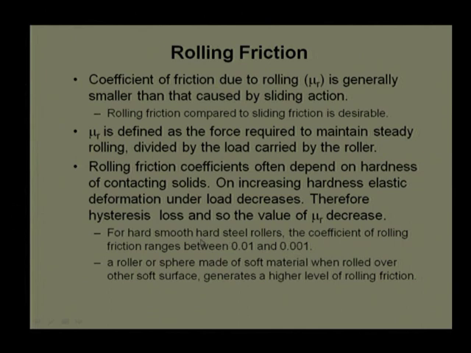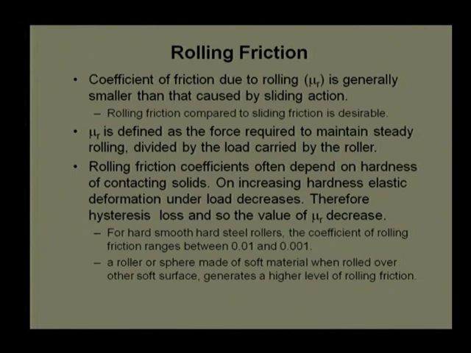And we are talking about the hardness. If the surface is hard... if the surface turns out to be soft, then there will be excessive deformation, and due to that excessive deformation there will be loss due to hysteresis, and that will be counted as coefficient of friction. That is why in the second line it is written that a roller or a sphere made of a soft material, when rolled over another soft surface, generates a high level of coefficient of friction.